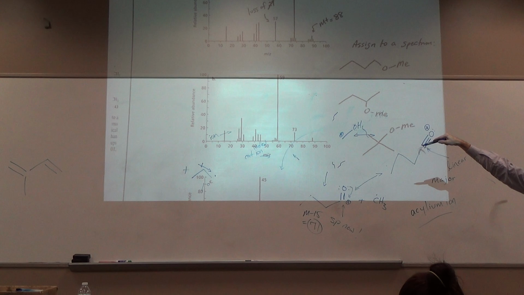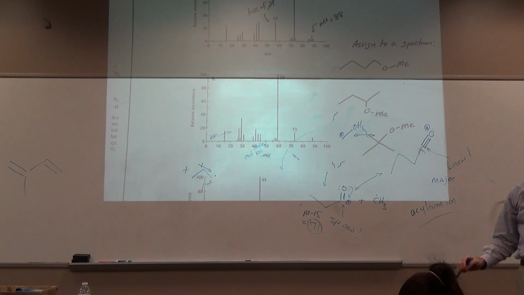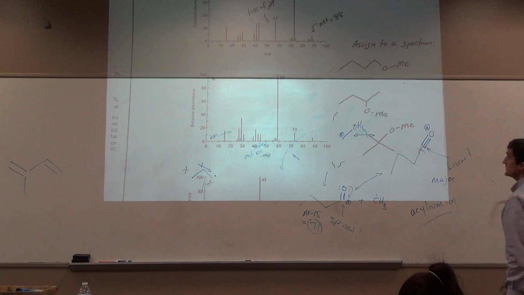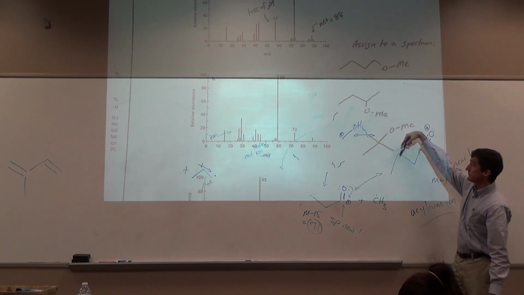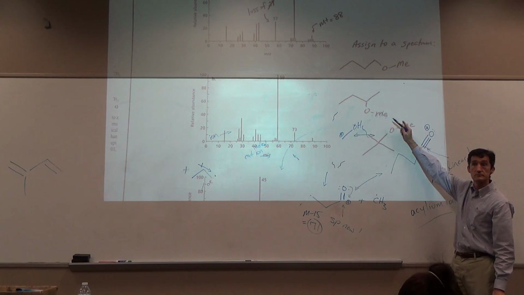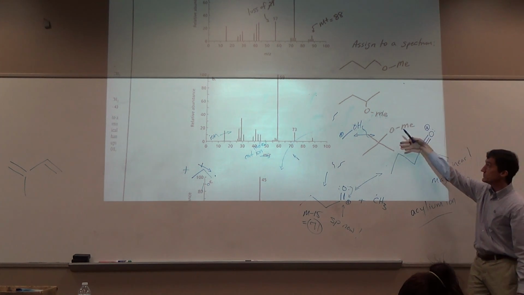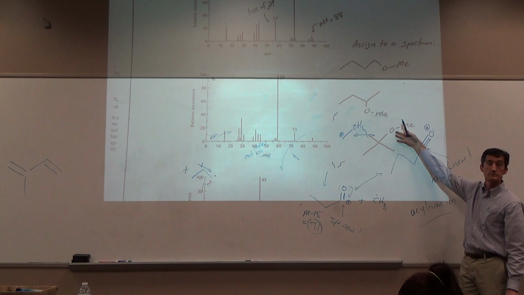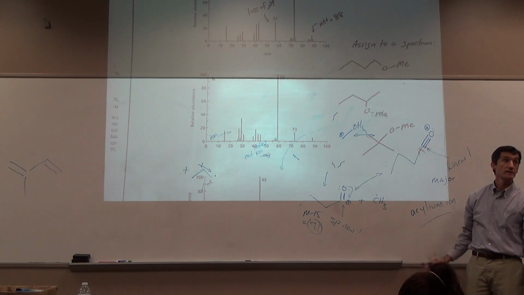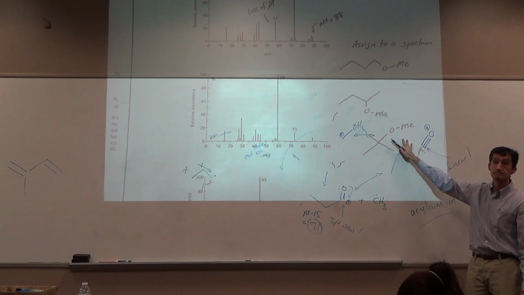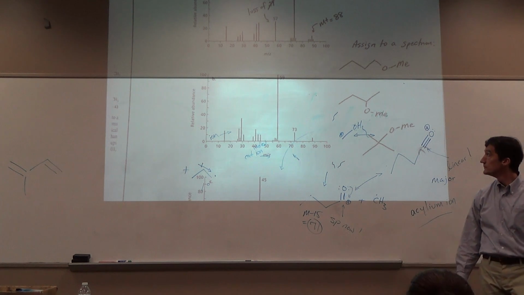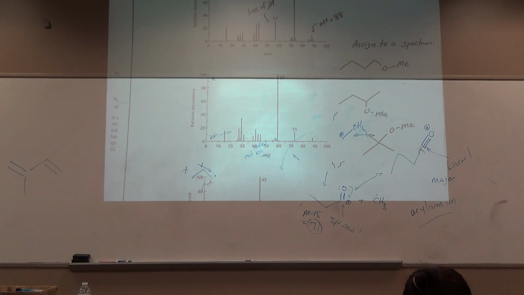Assign a compound to a spectrum. Three spectra, three compounds, match them up. Which goes with which? I would start by predicting fragments over here, just writing them out with the masses. Then you predict two or three here, then look over there and see which one contains the two or three that you predicted. So give that a try. Any questions about that?